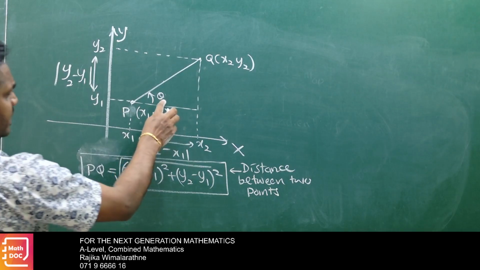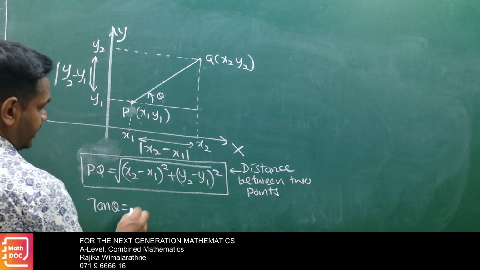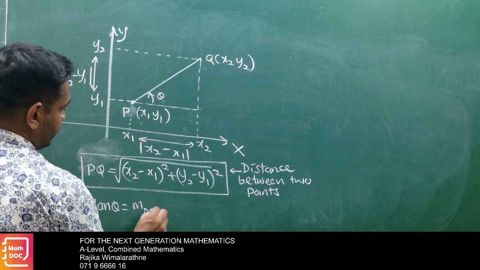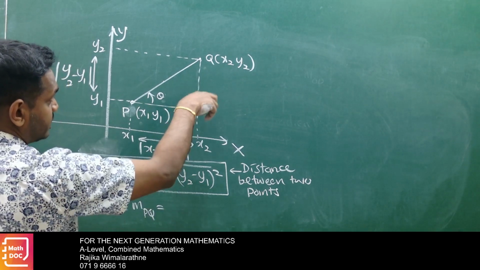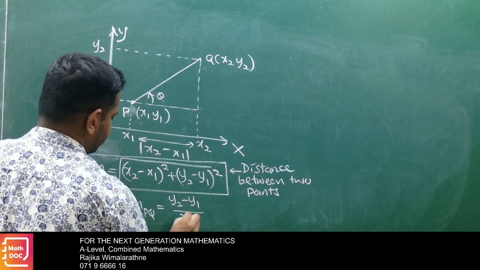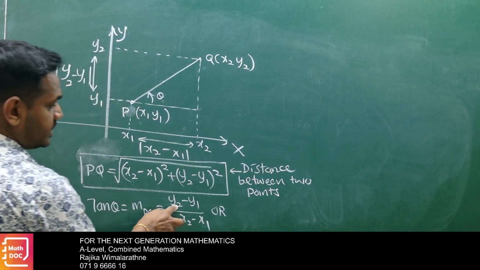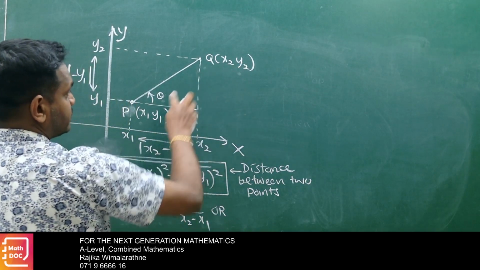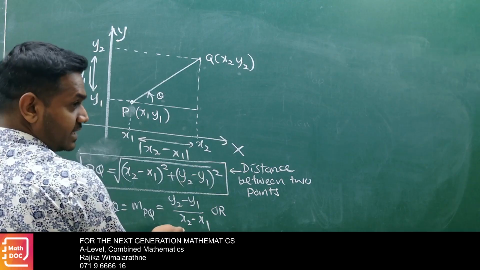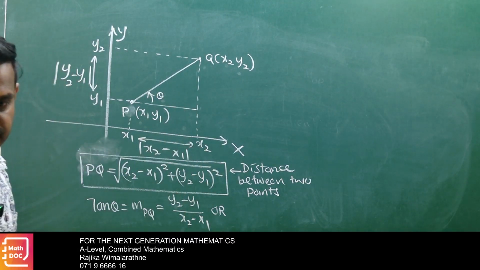Then theta is the inclination, and tan theta is the gradient, m PQ. We say y difference over x difference: y2 minus y1 over x2 minus x1. If you start with the second coordinate in the numerator, y2 minus y1, then in the denominator you again start with the second one, x2 minus x1, otherwise the sign will change.